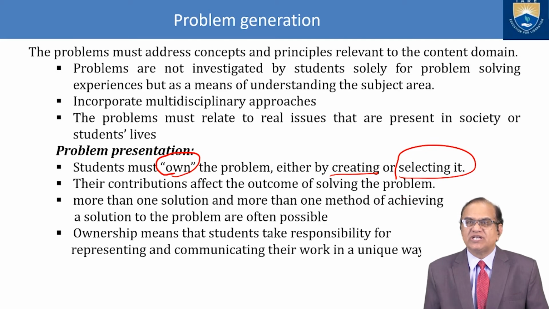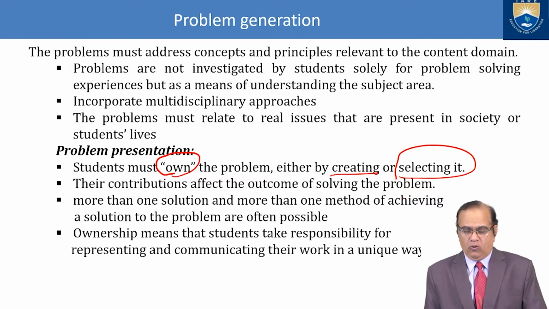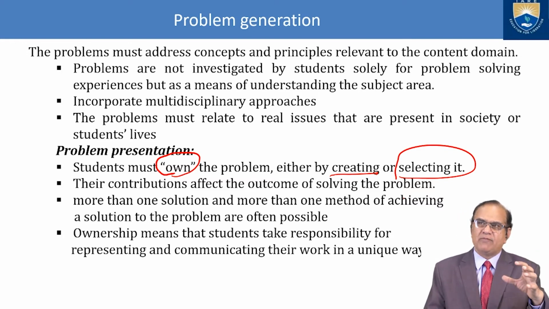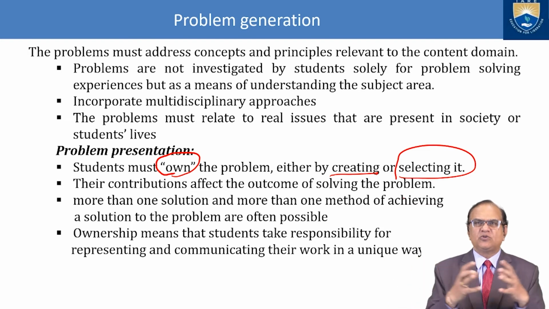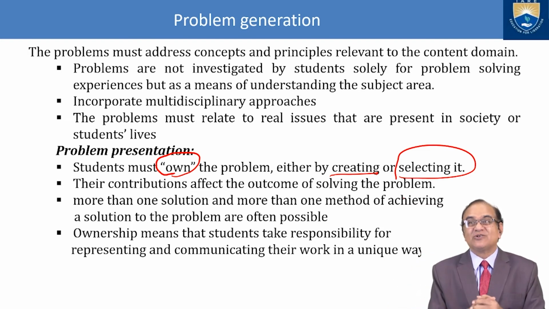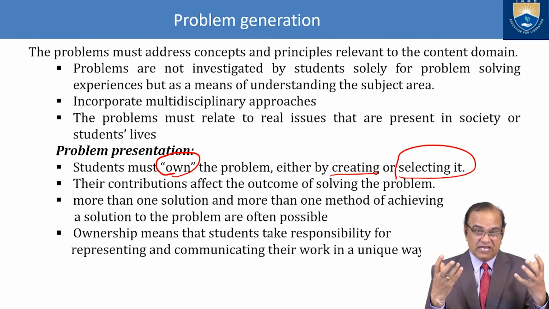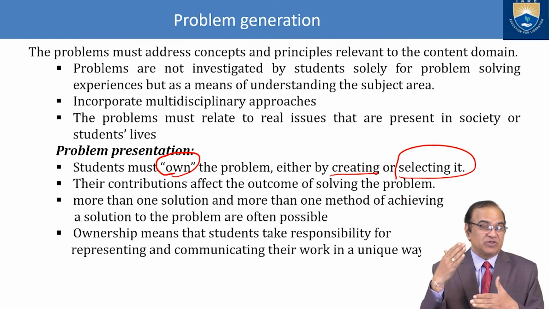More than one solution and more than one method of achieving a solution to the problem are often possible. Sometimes if you give one problem to 2 or 3 batches, all of them will have different solutions. That is also a very good idea, to have a number of solutions and see which one is the best as per the environment and the cost.